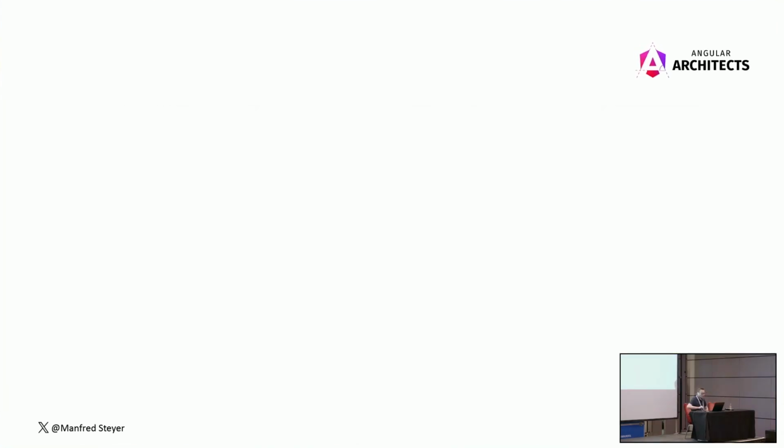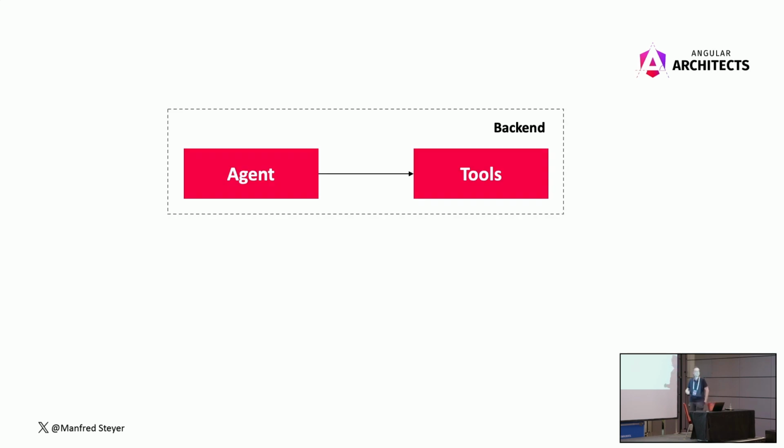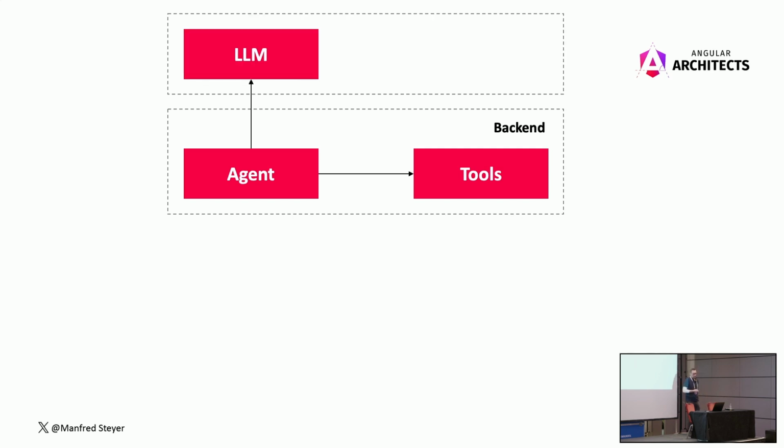When we have a system like this, then we have an agent in the backend. This agent can access some tools. In my case, there was a tool that was loading my flights. And there are further tools for booking flights and canceling flights. And this agent here is also communicating with the LLM that might request this or that tool call.